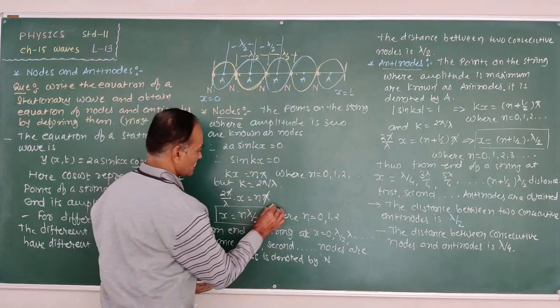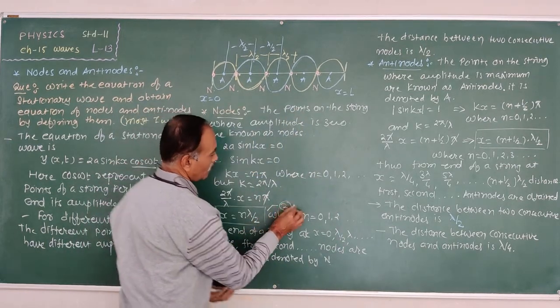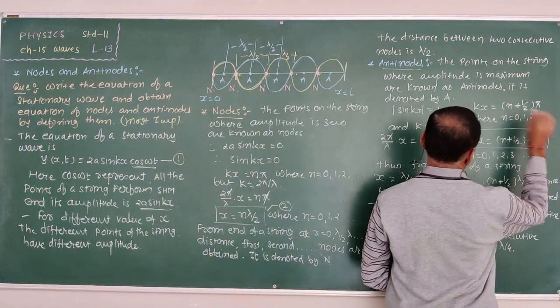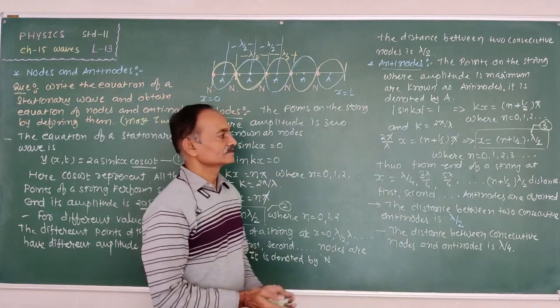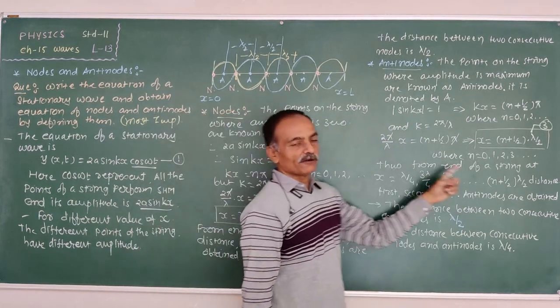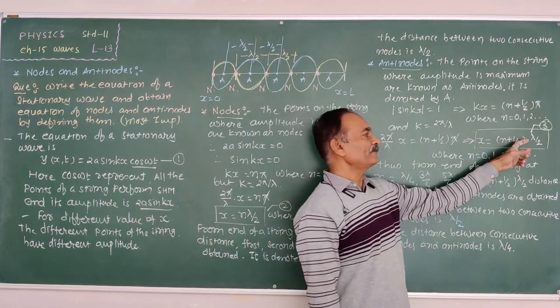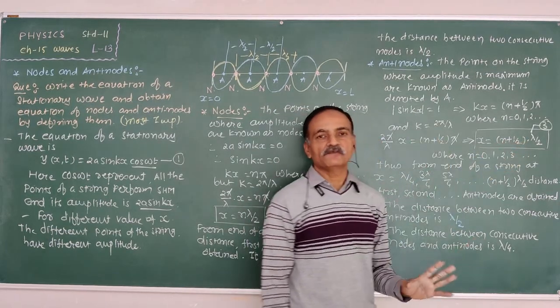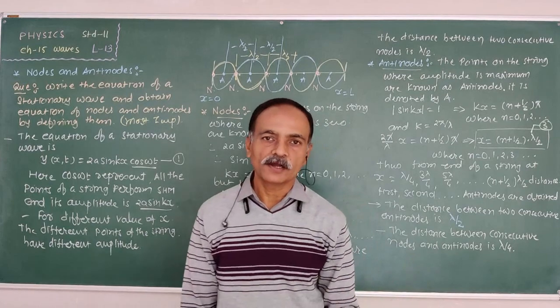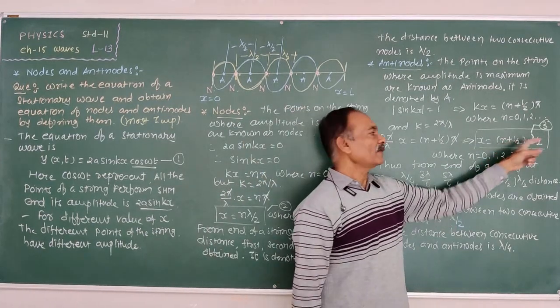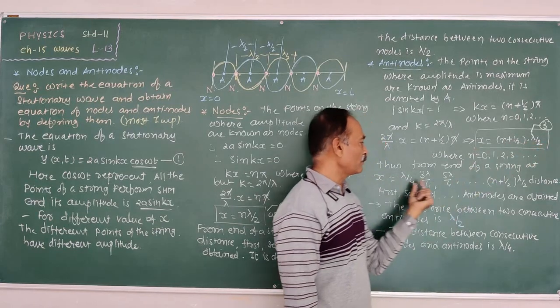That is the second equation of nodes, and that is the third equation, representing the equation of antinodes. Thus, from the end of the string at x is equal to 0, as we substitute different values of n in this equation, we obtain the positions of antinodes on the string. For n is equal to 0, the first antinode is obtained at lambda by 4 distance.